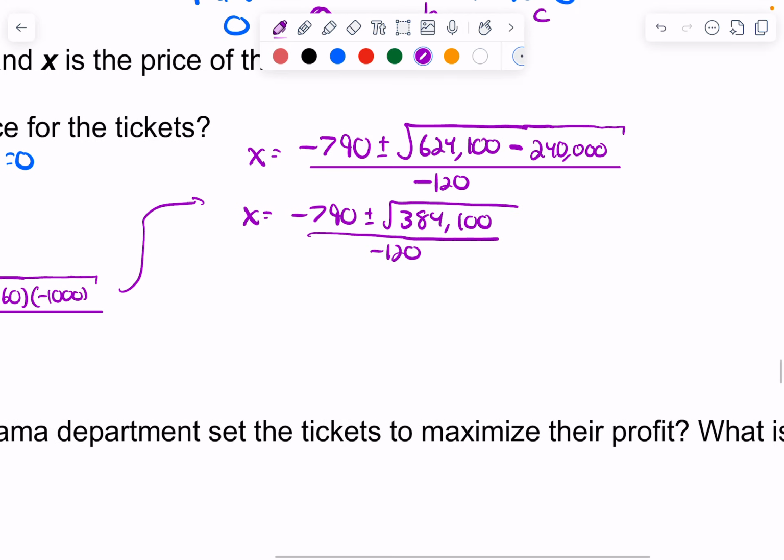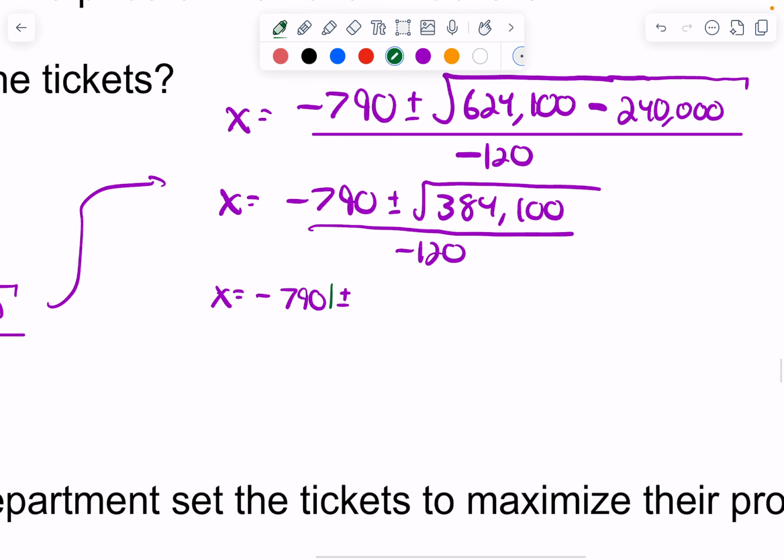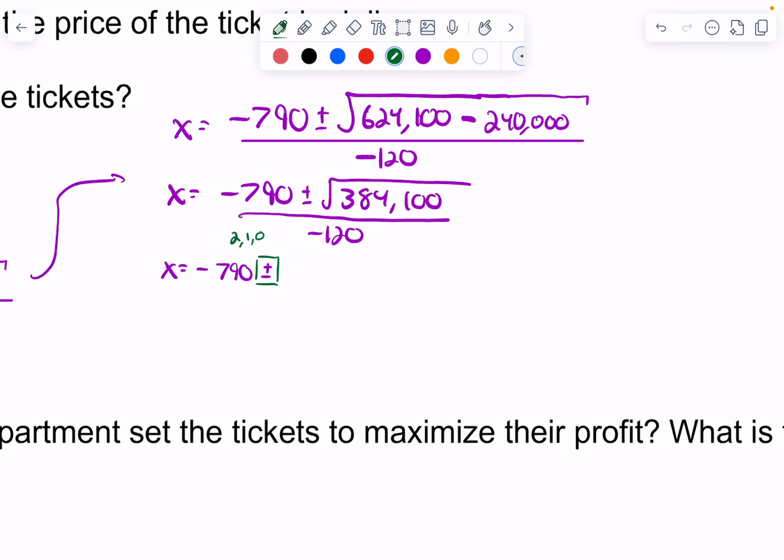The square root of that answer is not a nice number. You'll get 790 plus or minus, okay? This plus or minus right here is what gives you the possibility of having either 2, 1, or 0 solutions, right? Or 0.